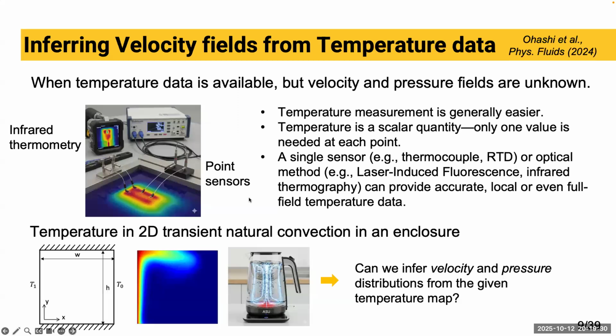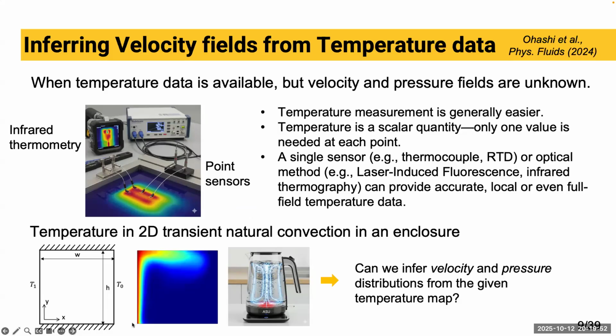And in this demonstration, we consider the following example: 2D transient natural convection in an enclosure. So in this demonstration, we use the following domain. The temperature on the left wall is high, and the temperature on the right wall is low.